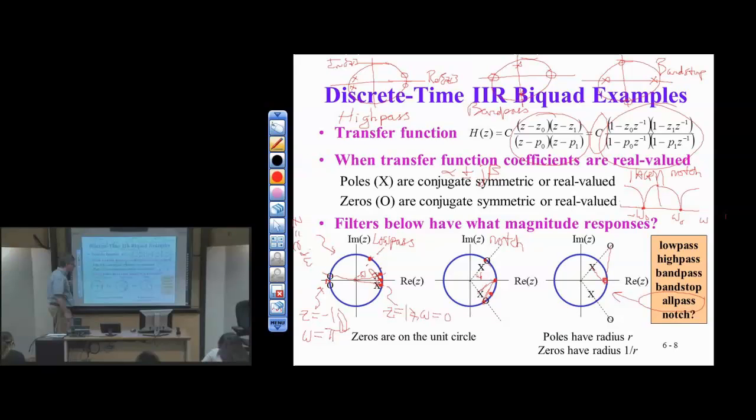Now, we can be a little more careful about it and say, well, I can normalize the filter. For example, in the case of the notch filter, in fact, in all three of these cases, I have a response at DC that is not 0. So I'm going to choose C to make sure that the DC response is 1.